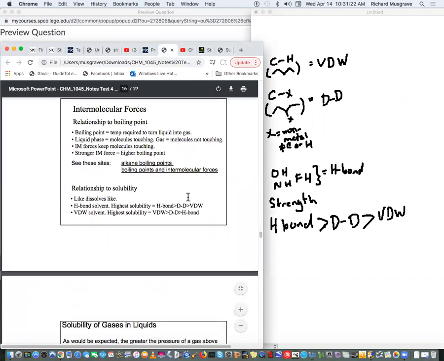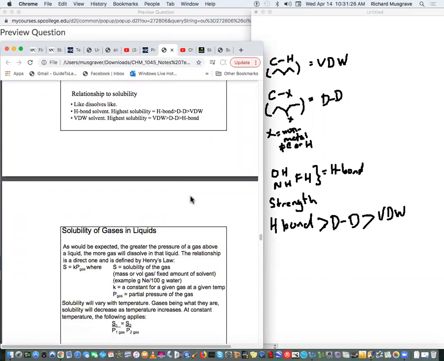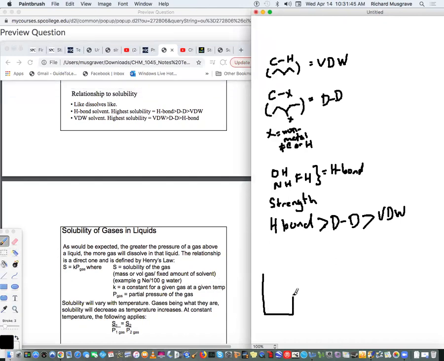All right, let me also now relate this to solubility. What we know about solubility is that like dissolves like. And then we introduce what happens when we've got hydrogen bonding versus van der Waals solvents. So just to remind you about solutions, a solution consists of 2 parts.